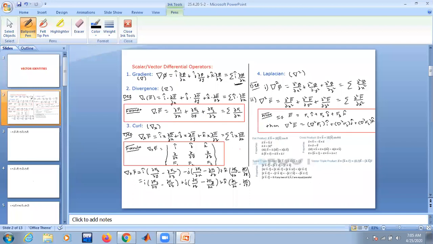Del phi is sigma i dou phi by dou x. Divergence of f bar is sigma i bar dot dou f bar by dou x. Curl f bar is sigma i bar cross dou f bar by dou x. Del square phi is sigma dou square phi by dou x square.